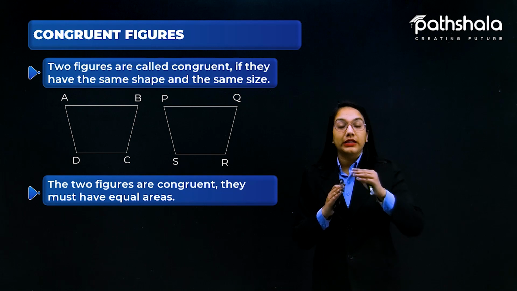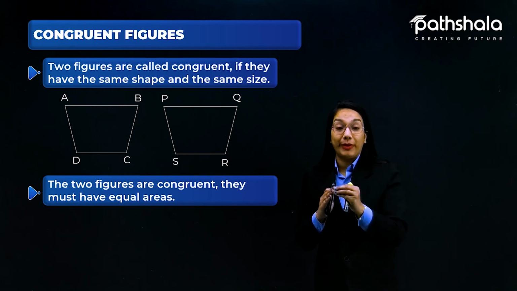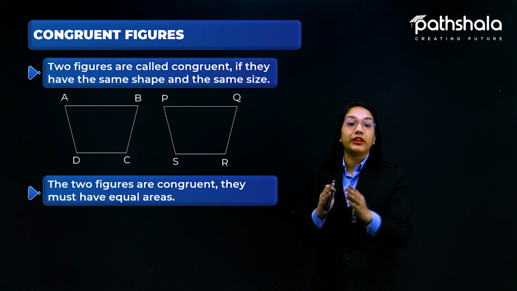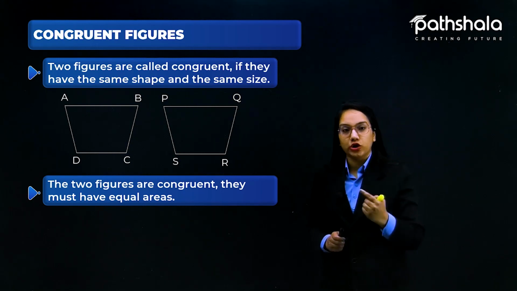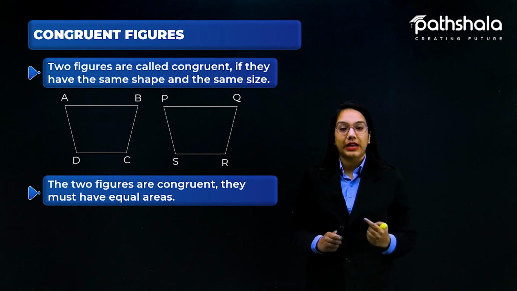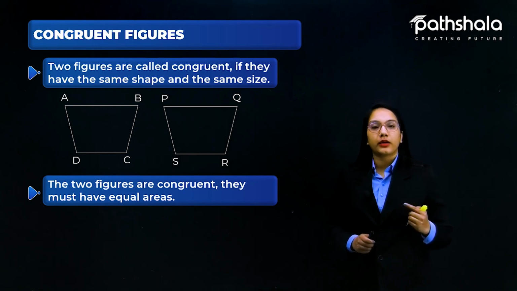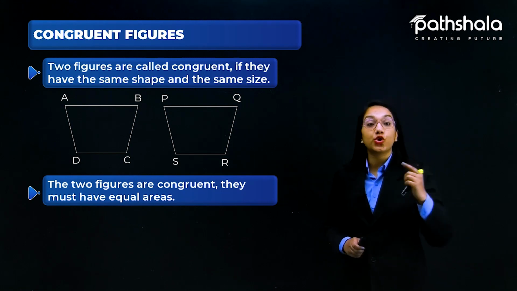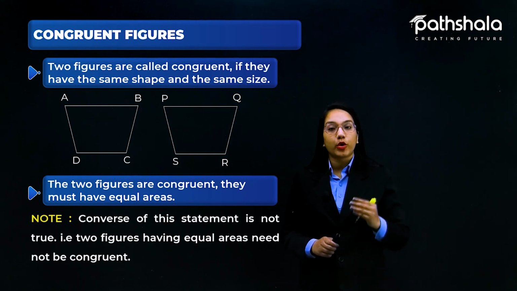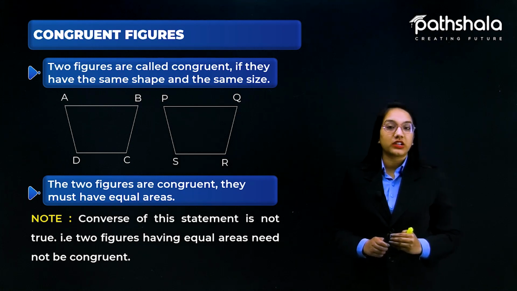So if the portions of Mahiti's triangular field were congruent, then they definitely should have equal areas. But if I talk about the converse of this statement, meaning that the portions are equal in area, are they congruent or not? The answer is no. This is a very important note which says that the converse of this statement is not true.